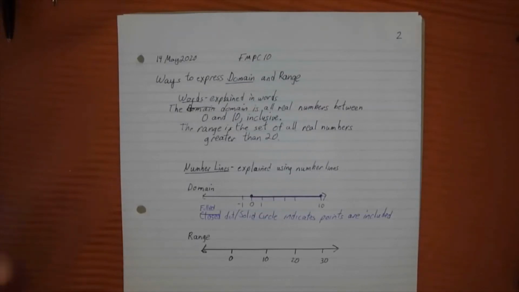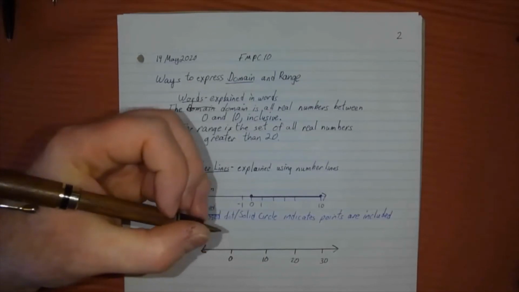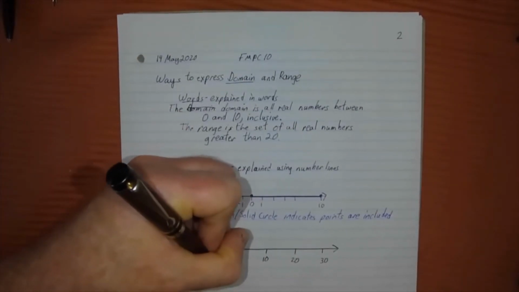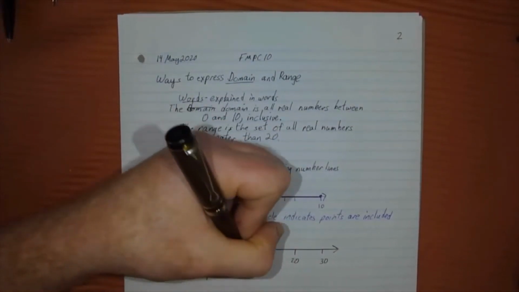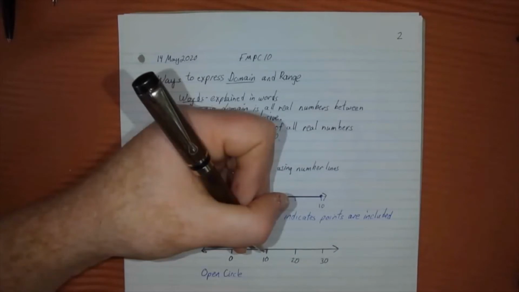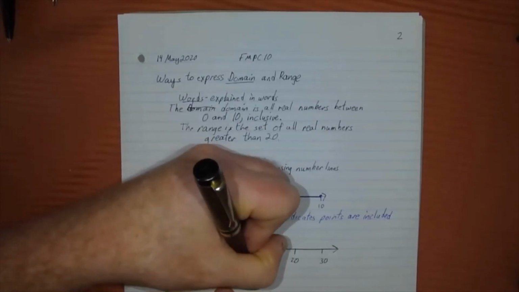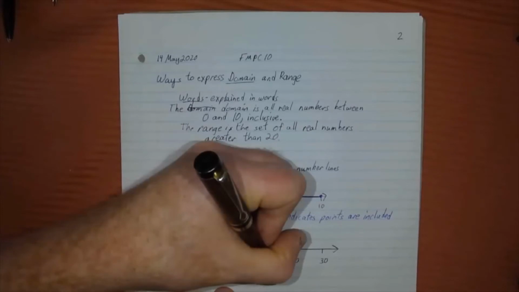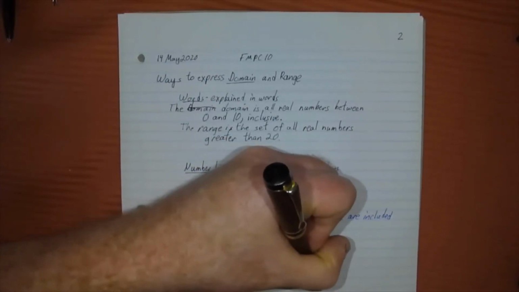So how do we represent that? Well, we're going to use an open circle. An open circle indicates the number isn't included.